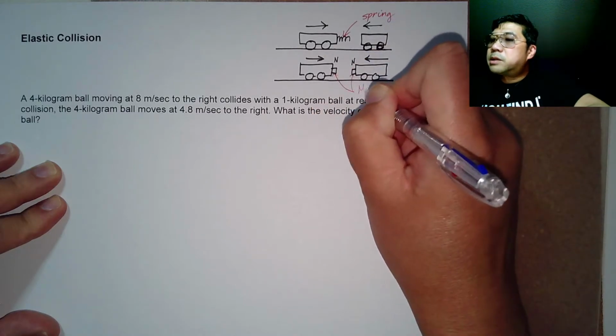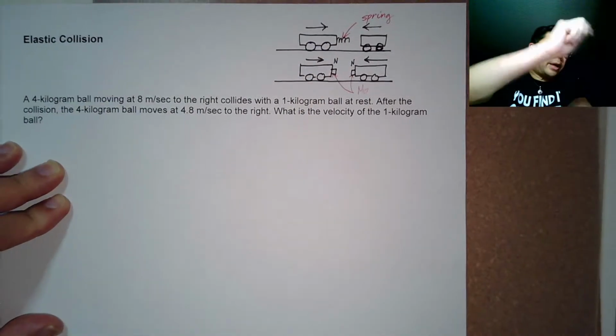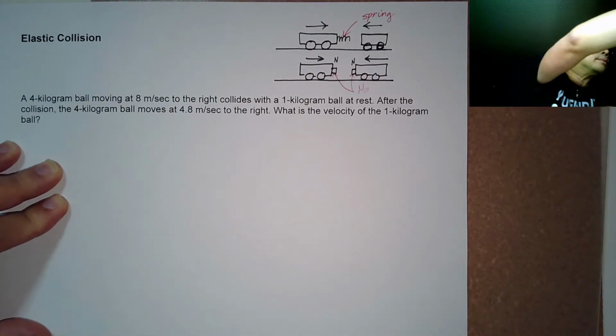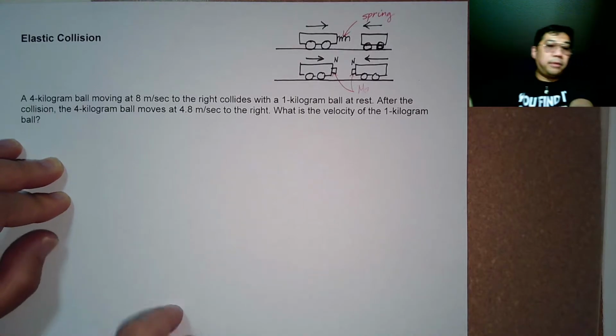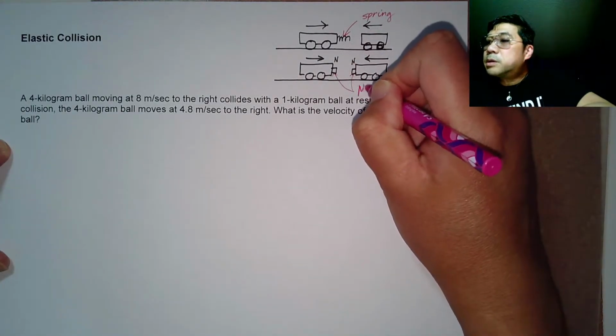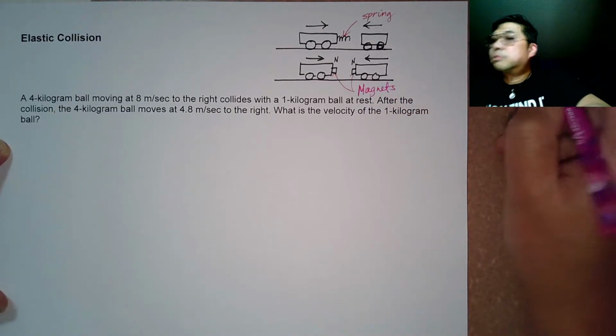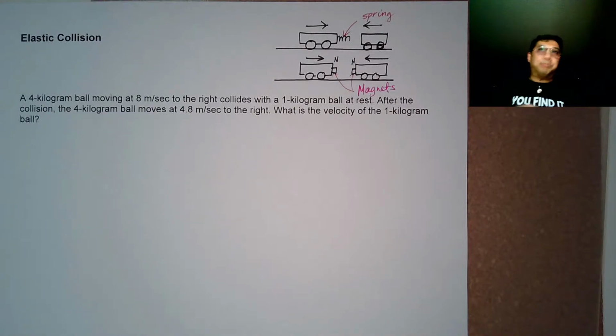Magnets, I ran out of ink, it dried up. Where's the other pen that I have here that is red, or close to red? So we have magnets of the same pole.